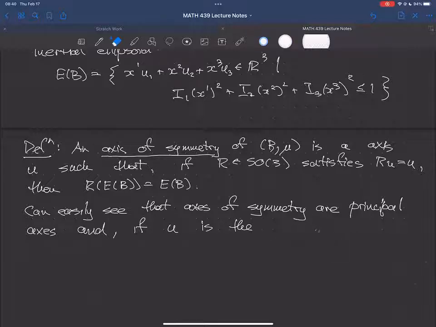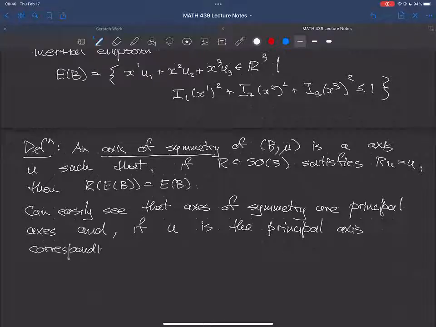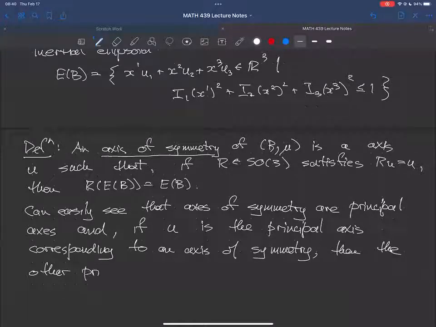If U is the principal axis corresponding to an axis of symmetry, then the other principal inertias must be equal. Okay.